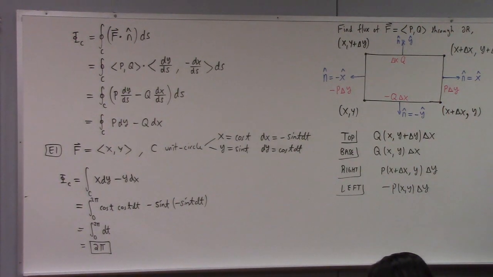So what's the net flux through the curve here? The net flux is equal to, let me factor out the delta x's: q of x comma y plus delta y minus q of x, y, with a common delta x I can factor out, and then plus p of x plus delta x comma y minus p of x, y, with a common delta y.